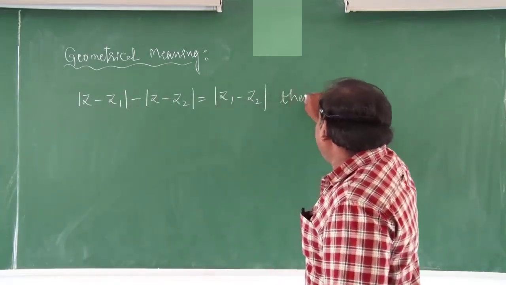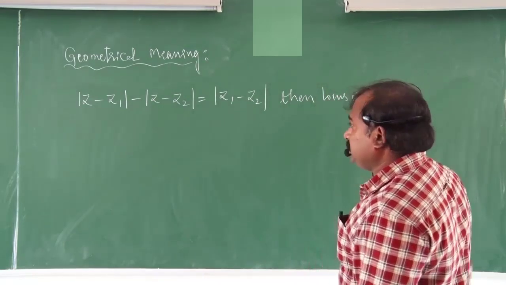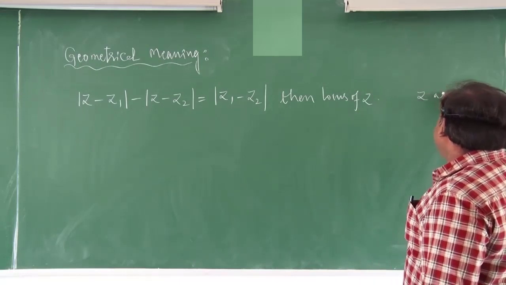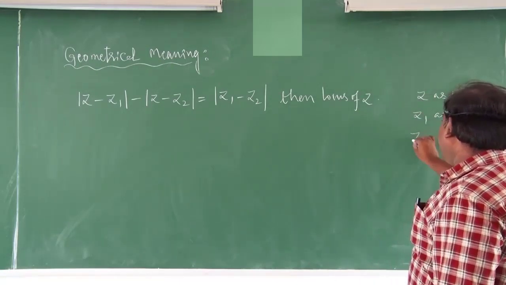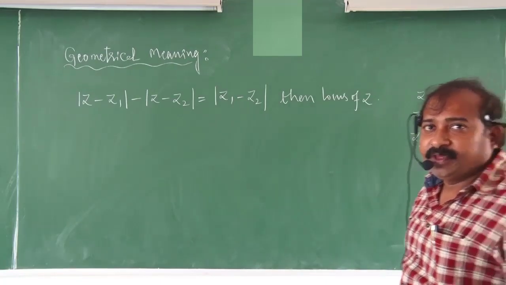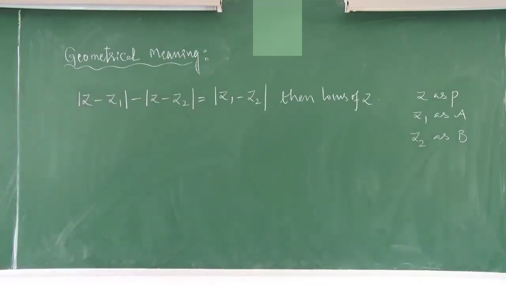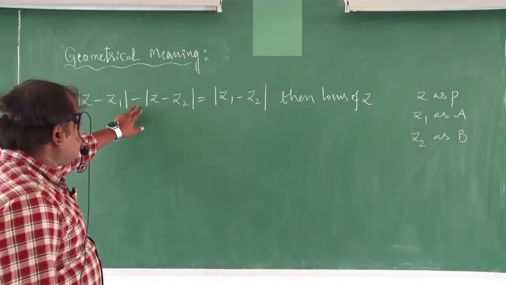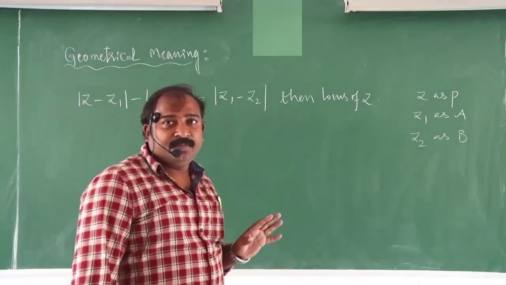Same here also. Take Z as P, Z1 as A, Z2 as B. You can take like this. Then according to the given data, this is the given condition: modulus of Z minus Z1 minus modulus of Z minus Z2 equals modulus of Z1 minus Z2.